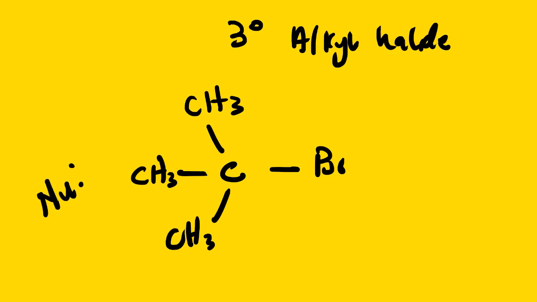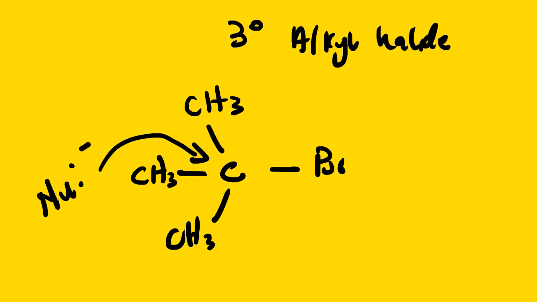You can see that our nucleophile, from the back, will find it difficult to attack the electrophile. So we say that SN2 doesn't occur when we have a tertiary alkyl halide as our substrate.